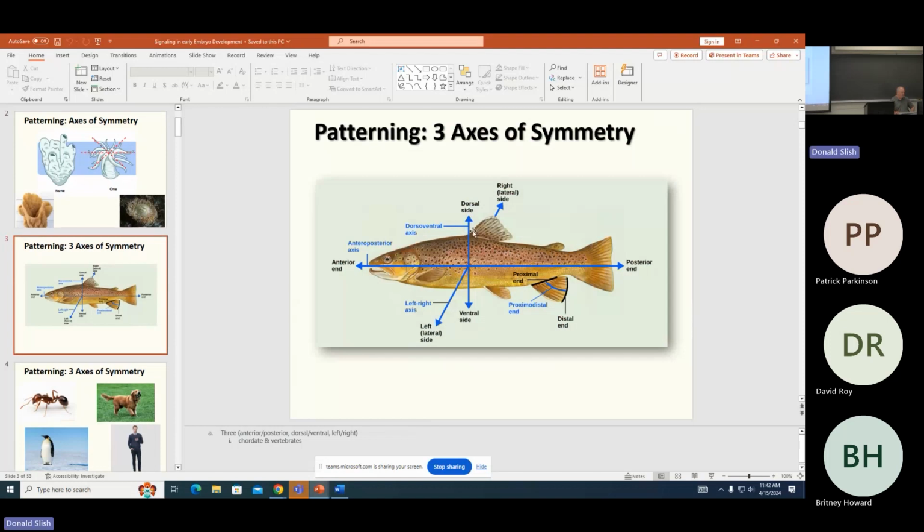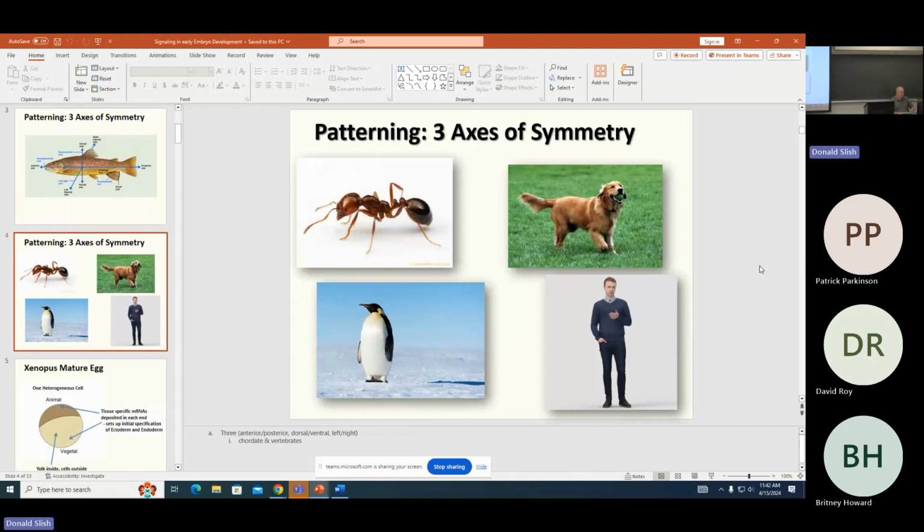So we've got a back and a front, dorsal ventral, head and a tail, which is anterior posterior, and then left and right, into and out of the board. And so there are an awful lot of animals that have this symmetry. Again, chordates, anything with a brain and a spinal cord, not necessarily vertebrae and a spine, but spinal cord anyway.